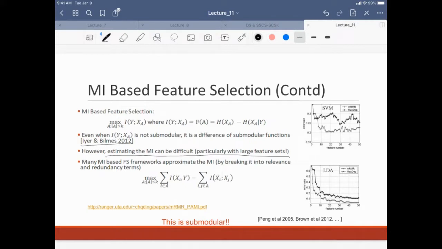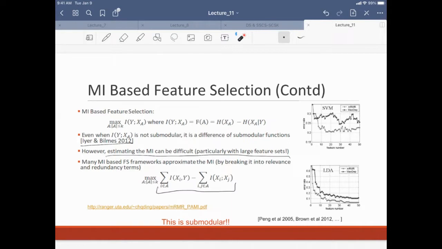So there has been a nice chain of work on estimating this by basically breaking it down into relevance and redundancy. So it's like a proxy function where you can write down this mutual information in this way. The first is just the sum over i in A of the mutual information between X_i and y, and the second is the joint mutual information between X_i and X_j.